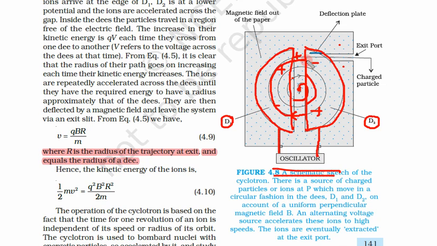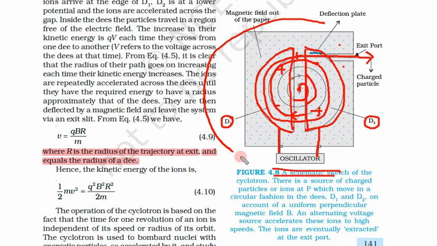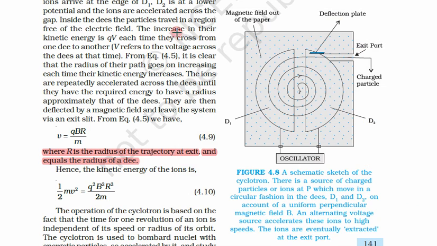So the particle keeps on getting accelerated and its radius keeps on increasing. At last it exits from this exit point. So this is the whole construction of the cyclotron. It is a very important instrument. It is called a particle accelerator as well, because it accelerates particles.